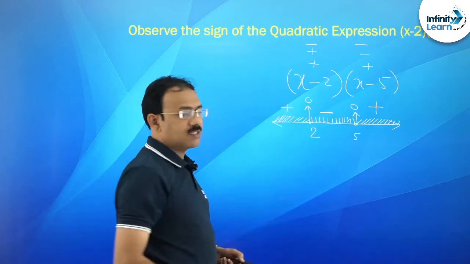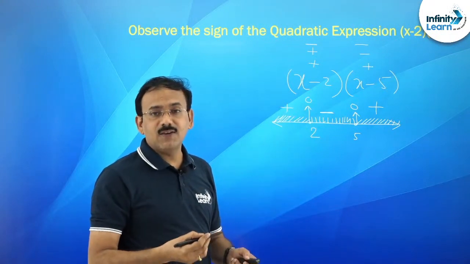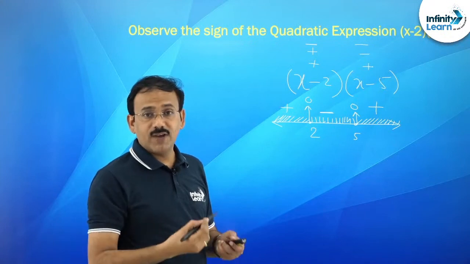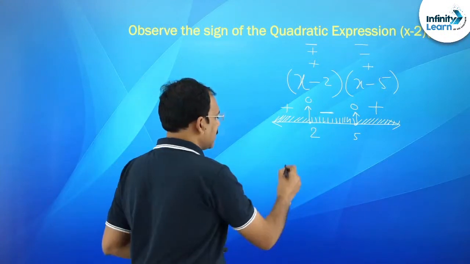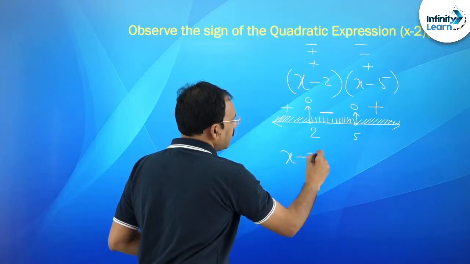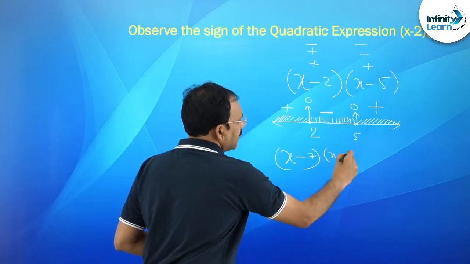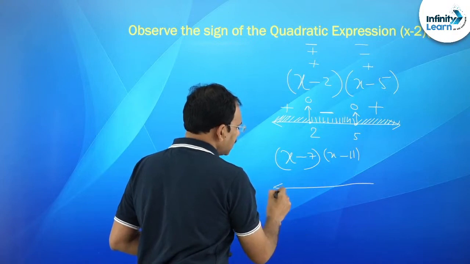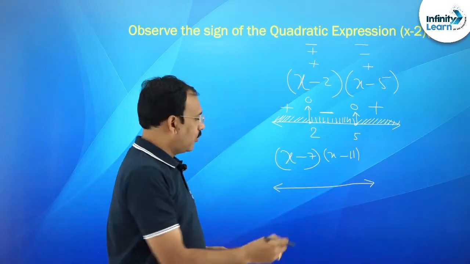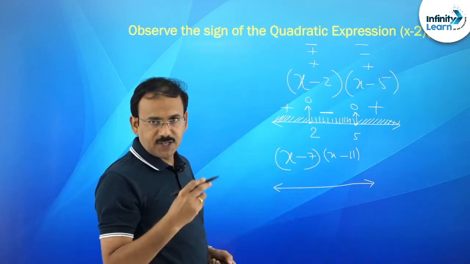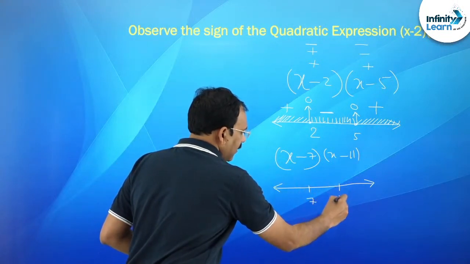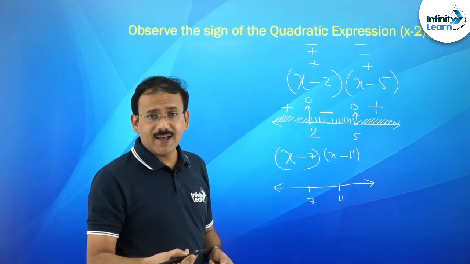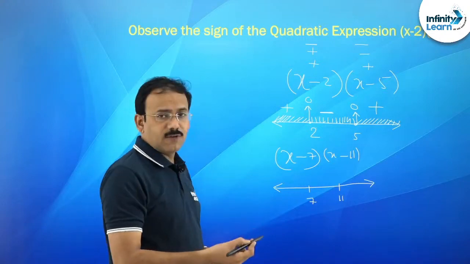That means friends, you can extend the analogy for any quadratic expression which splits like a product of two linear factors, for example (x minus 7) into (x minus 11), keeping the leading coefficient positive. This becomes 0 at 7 and 11, the small number being 7.